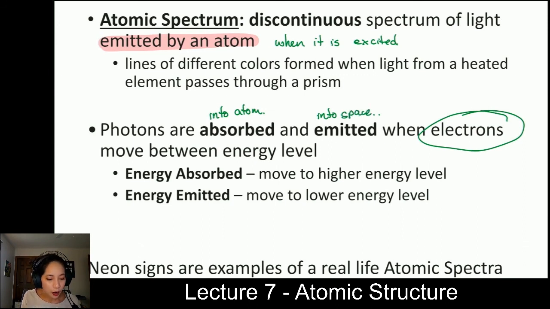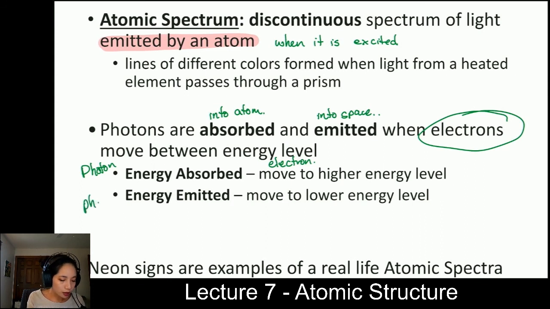So just to summarize the movement of electrons between energy levels, a photon's energy will be absorbed when an electron moves to a higher energy level than it was initially.